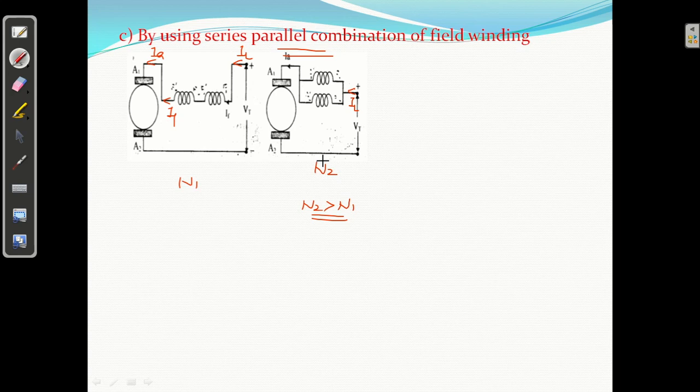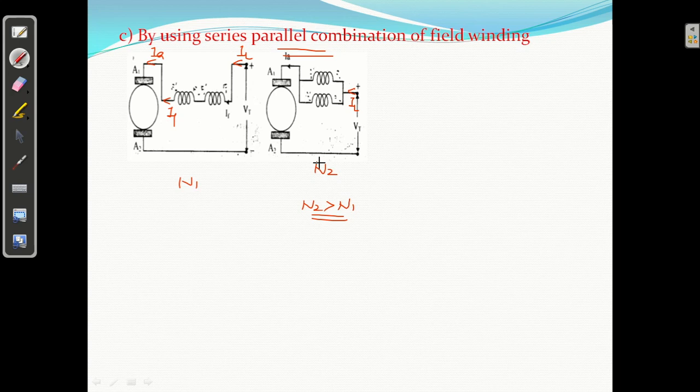In this type of method we use two field windings which are connected in series, so flux produced will be more, hence speed will be less in position number 1. If these two field windings are connected in parallel in position number 2, flux will become less compared to the previous case because current is diverted, hence speed becomes more.